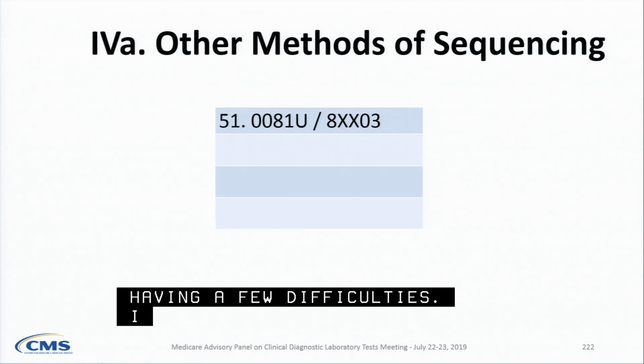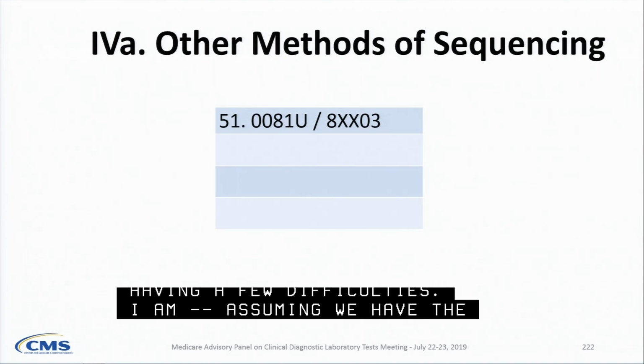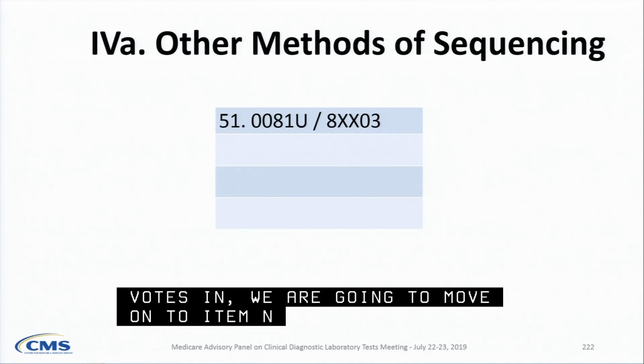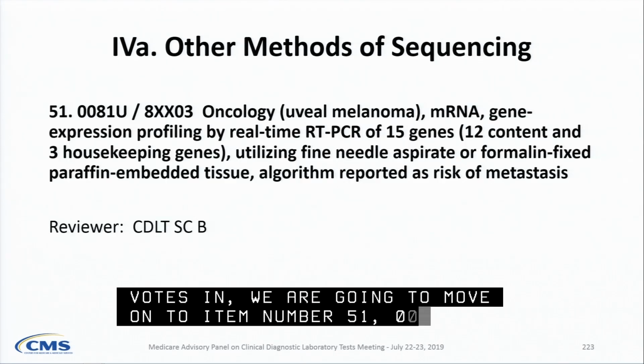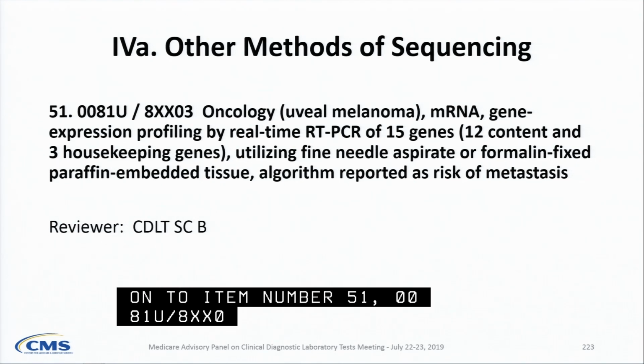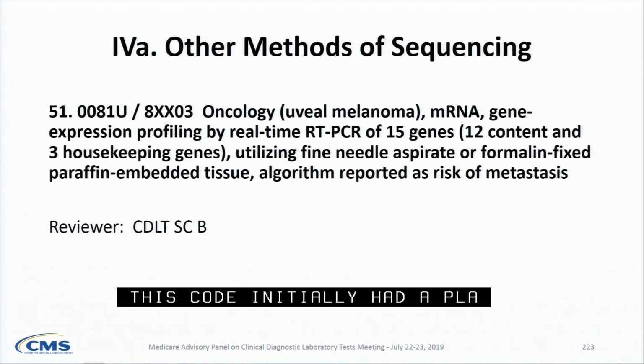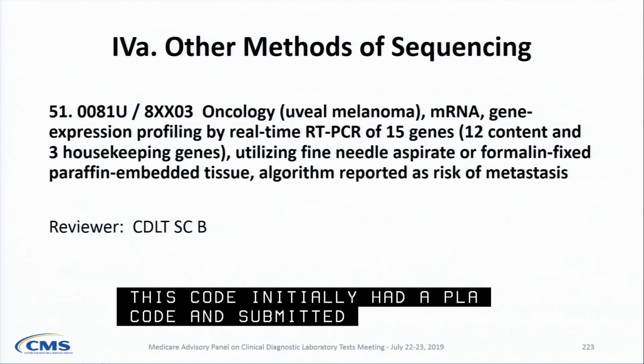Okay, so we're going to move on to item number 51, 0081U/8XX03. So this was a code which has a little bit of a history. They initially had a PLA code and then submitted their test for a Cat1 MA code.